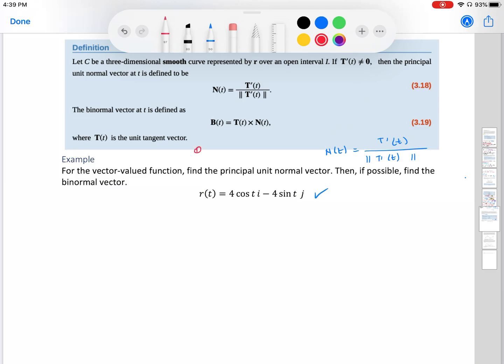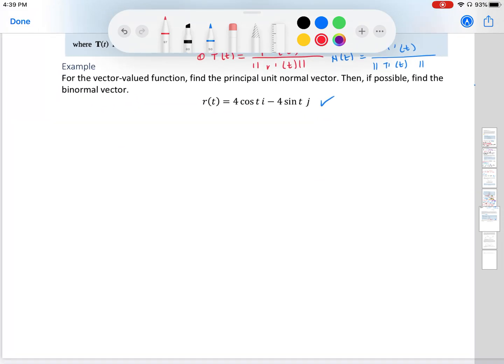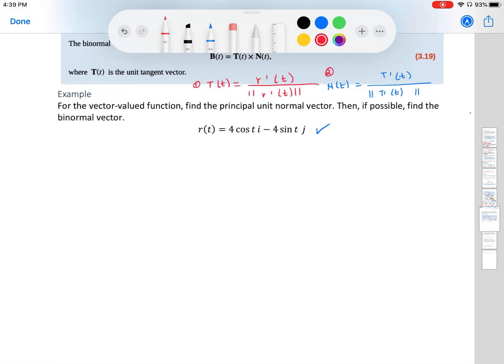So you first need to find T(t), which is made up of r prime of t divided by the magnitude of r prime of t. So we find that first, and then we can go ahead and apply the unit normal vector, and then the binormal vector. The binormal vector is B(t) equals T(t) cross product N(t).